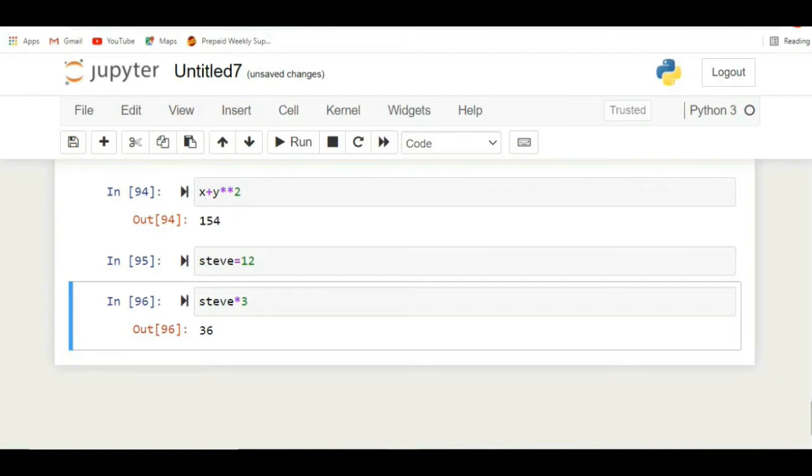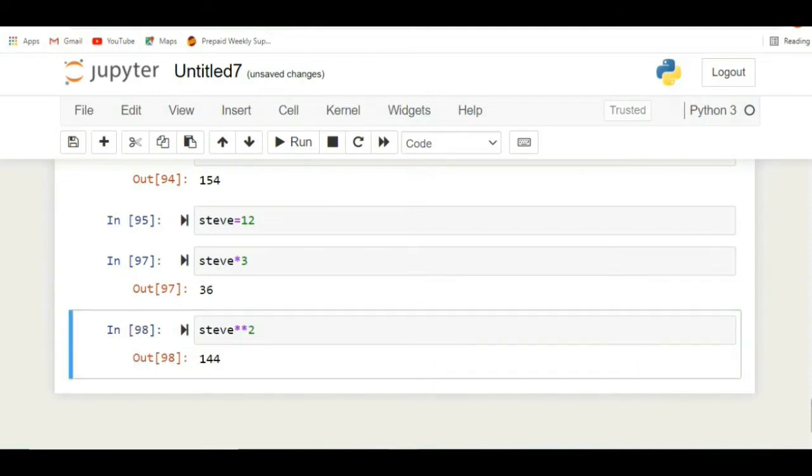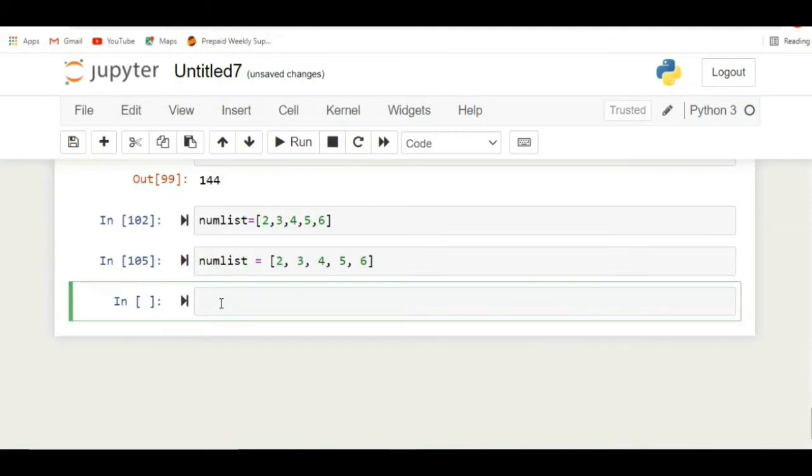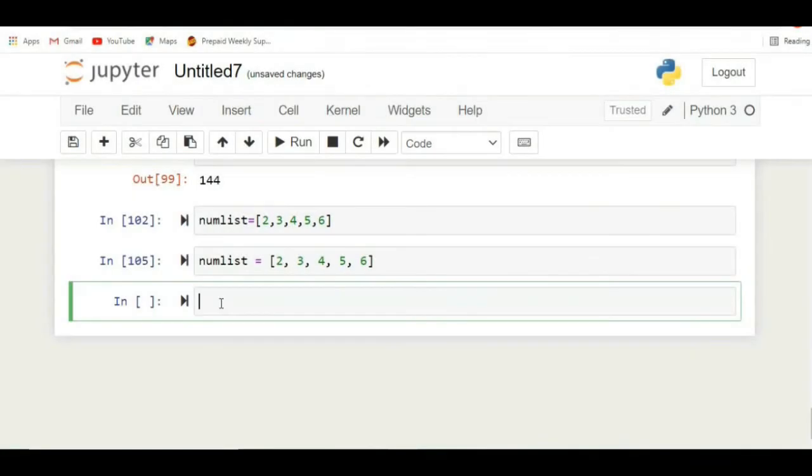And in the same way we can do Steve raised to the power 2, Steve squared means 12 squared, which is 144.